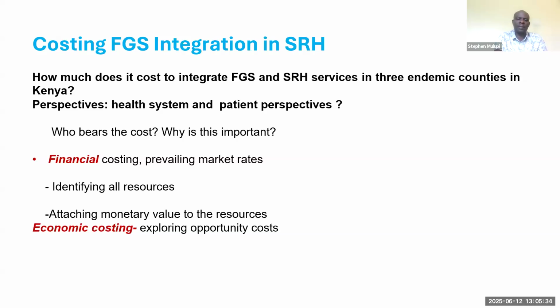But we also collected some data on the user perspective because there's a cost to accessing services. So we started by identifying all resources that go into diagnosis and treatment. And then we attached monetary value in terms of Kenyan shillings. And then we did some analysis to project different scenarios that are important for decision makers. Next slide.